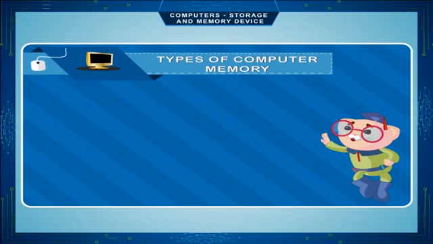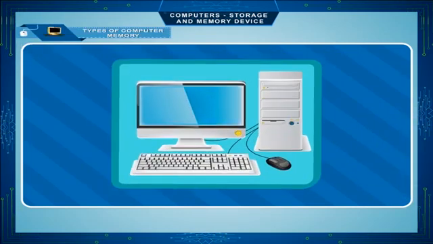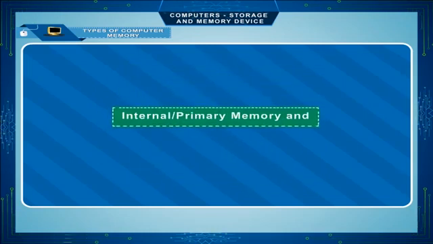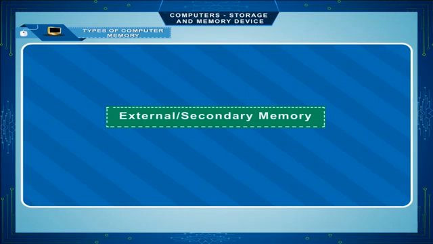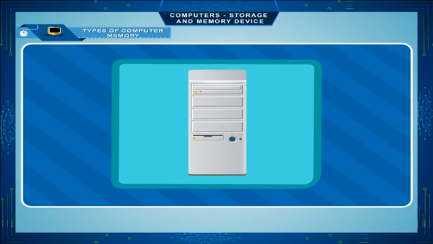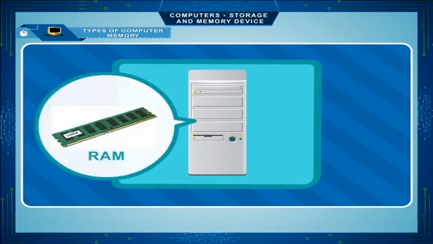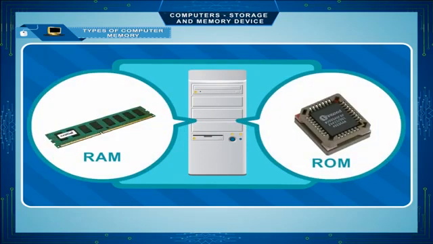Types of computer memory. There are 2 types of computer memory: internal or primary memory and external or secondary memory. Primary memory is again of 2 types, RAM and ROM.